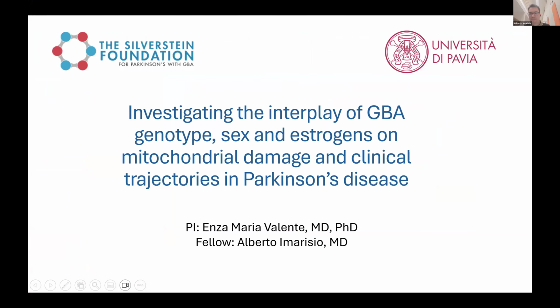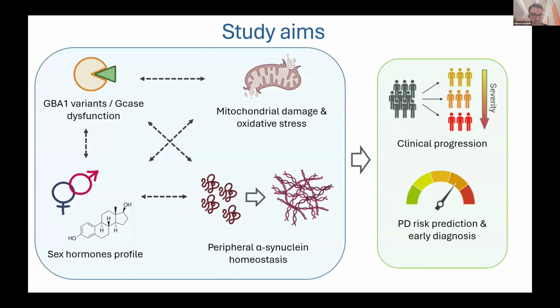I would like to give a brief update on the project we've been carrying on with the group of Enza Maria Valente in Pavia, Italy. So just a brief reminder of the aims of the project.